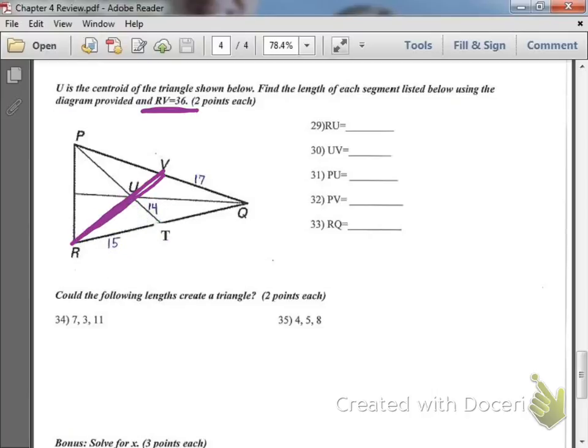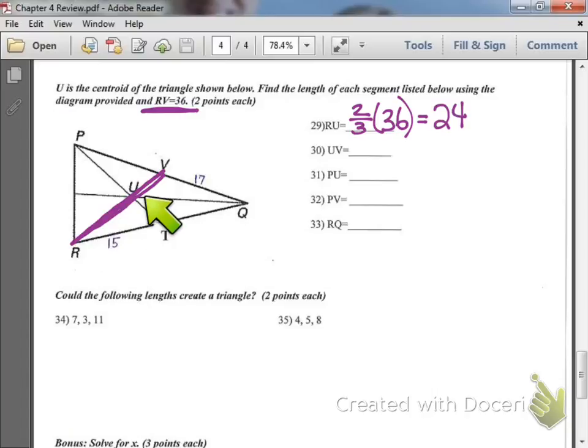Anyone remember it? Two-thirds? Yes, 2/3 of the entire length of the median will give you the longer side, the side that's touching the vertex. So what is 2/3 times 36? 24.